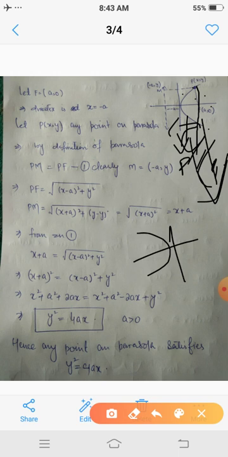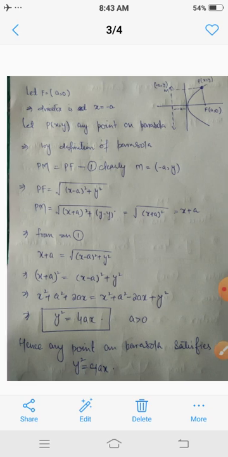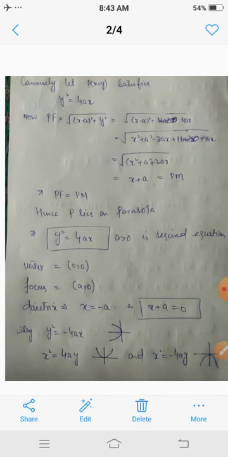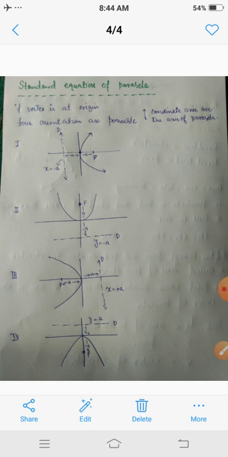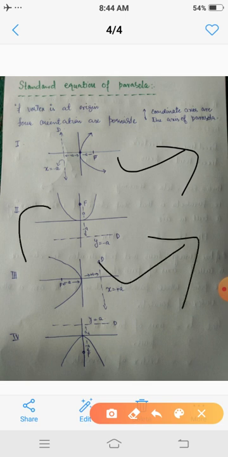So clearly we have two types, one symmetric along the x-axis, and the equations of those parabolas are y square equals 4ax and y square equals minus 4ax, and x square equals minus 4ay and x square equals plus 4ay are the parabolas symmetric along the y-axis. That is, the first and third are symmetric along the x-axis, while the second and the fourth are symmetric along the y-axis.